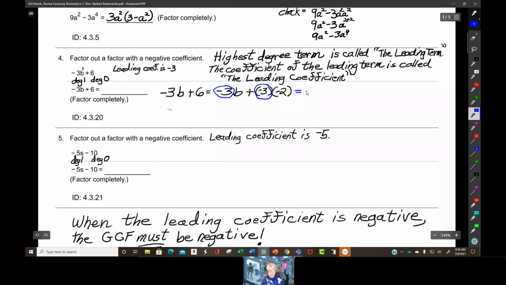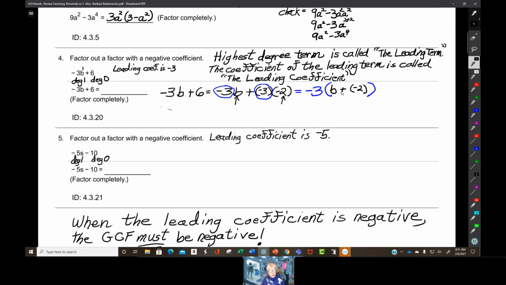So this is going to equal negative 3 times b, and that's the leftover in the first term, and negative 2 is the leftover in the second term.